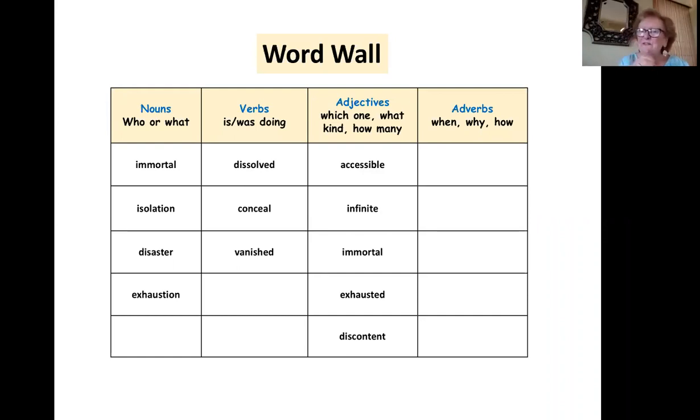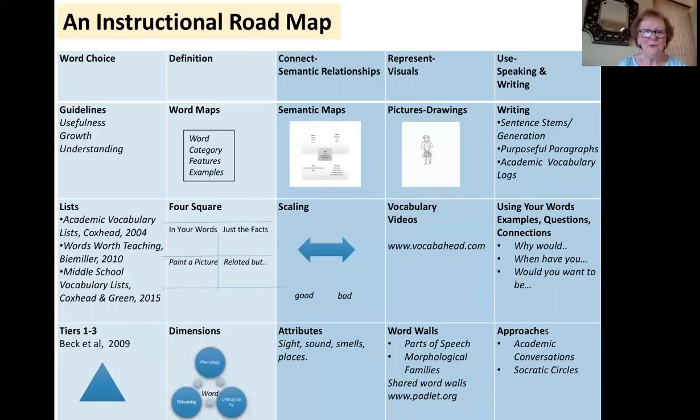It conveys its function within a sentence. So a noun answers the question who or what. Can we arrange all our words that are nouns? Verbs are the doing words, is or was doing. Which words are the is or was doing words? Which words are the which one, what kind, how many? Which words are the when, why, and how? So thinking a bit through, and sometimes words can represent more than one function, and we know that as well. Spring, for instance.